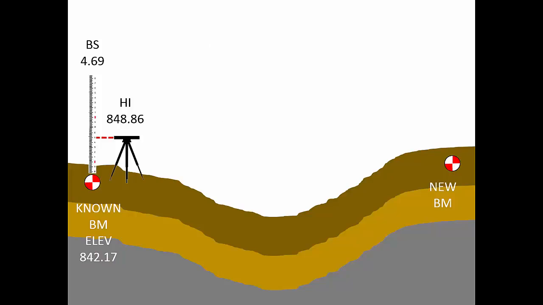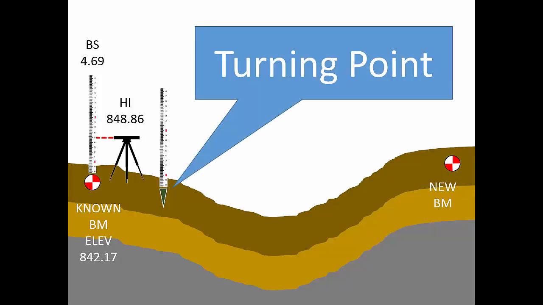When the backsite reading is complete, the rod person can move beyond the instrument operator toward the survey site. At a convenient location where the instrument is visible, the rod person will create a turning point. A turning point is a temporary intermediate point in a level circuit that we use like a benchmark.